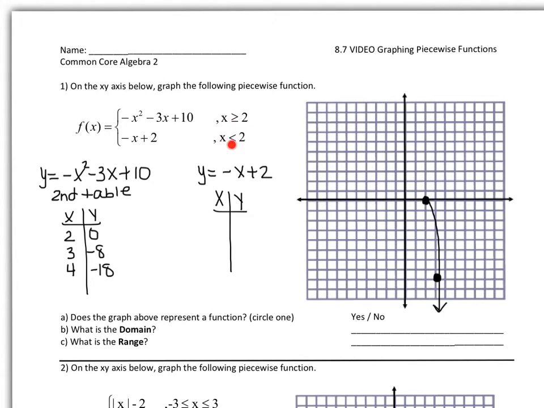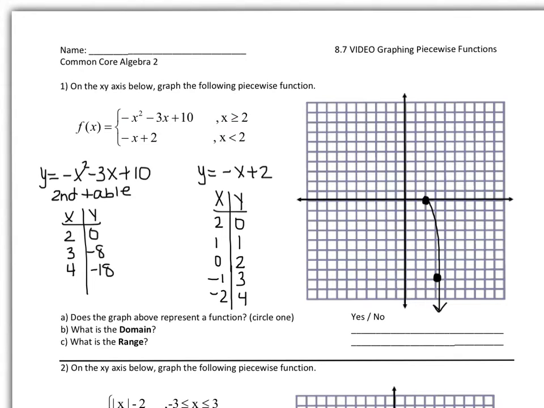See over here, x is less than 2. So we're still going to put the 2 here so that we could put it with an open circle. So we should have 2, 0, and go less now. 1, 1, 0, 2, negative 1, 3, and negative 2, 4. That's enough because that's all I could fit right now.